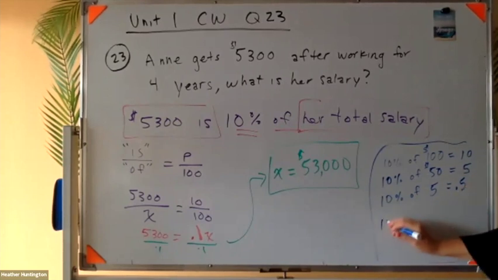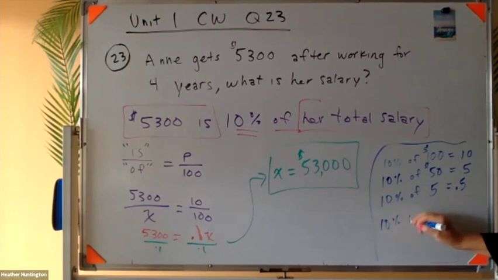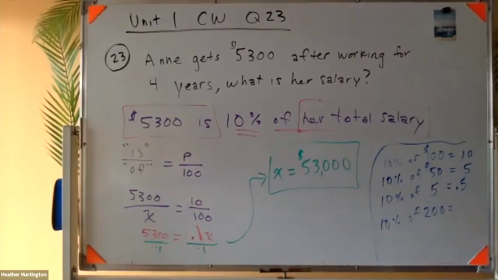What's 10% of 200? 20. What are we doing? We're essentially just moving the decimal over, right? We're moving it over 1.